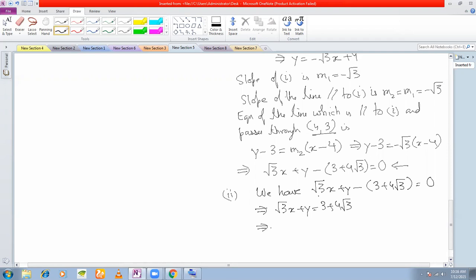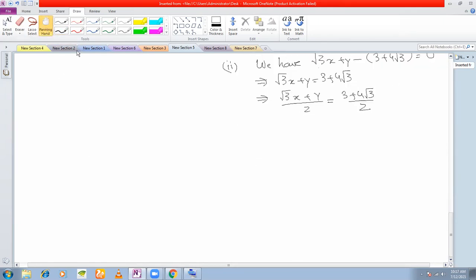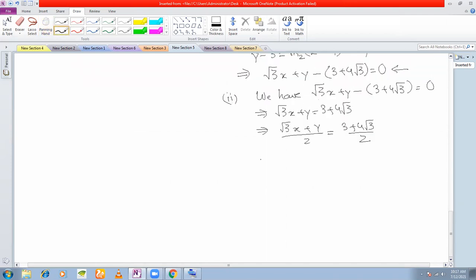Now we divide both sides by 2. That means root 3x plus y divided by 2 is equal to 3 plus 4 root 3 divided by 2. That means you have root 3 by 2 x plus half y is equal to 3 plus 4 root 3 by 2.